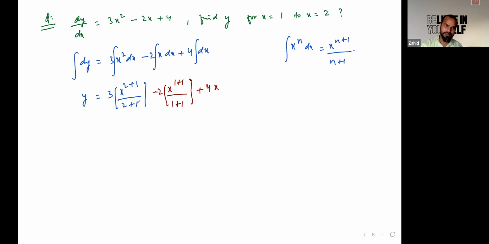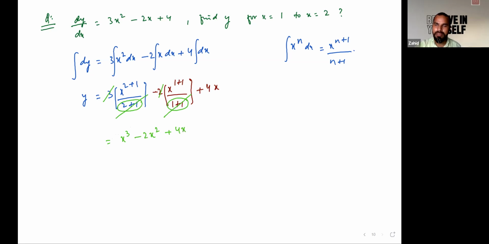On simplification, this is your 2 plus 1, 3 gets cancelled out. This is your 1 plus 1, 2 cancels out. So we're left with x raised to the power 3 minus 2 times x squared plus 4x.